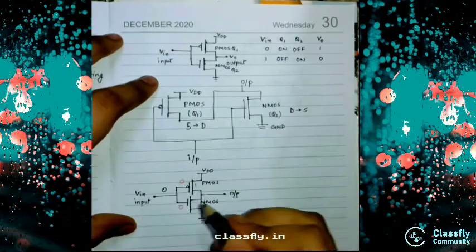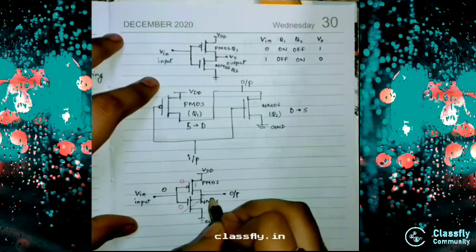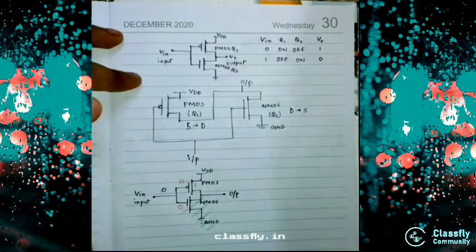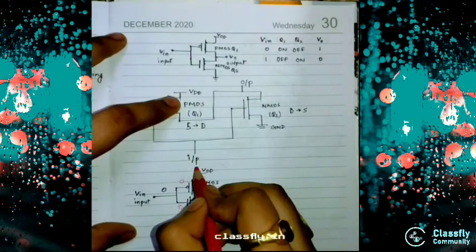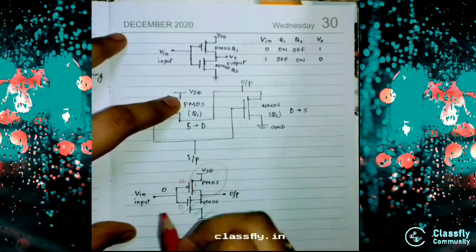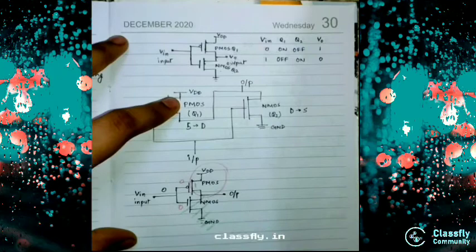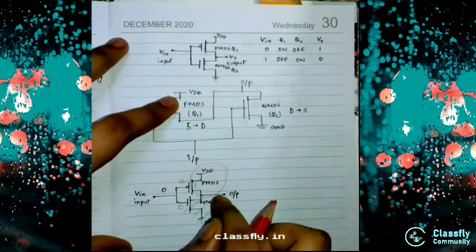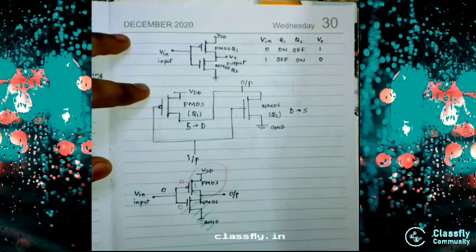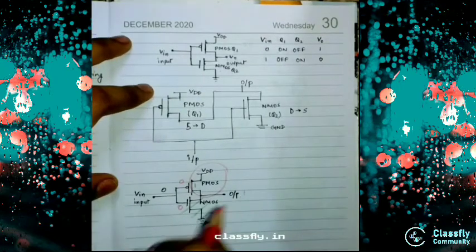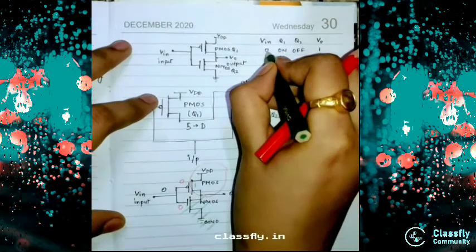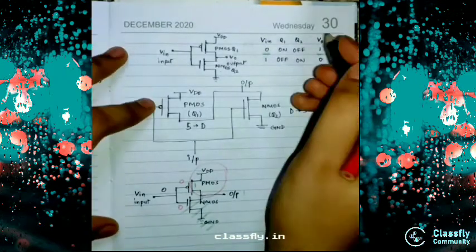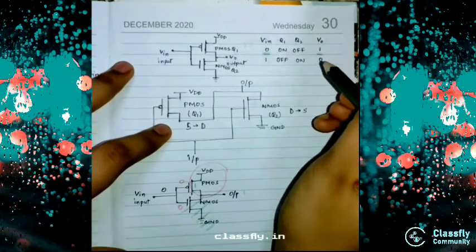So whenever we give the input, our NMOS will not work, only our PMOS will work. As our PMOS works here, whenever we give the input as 0, we will get the output as 1. So we are getting the inversion operation, that is for 0 we are getting 1.